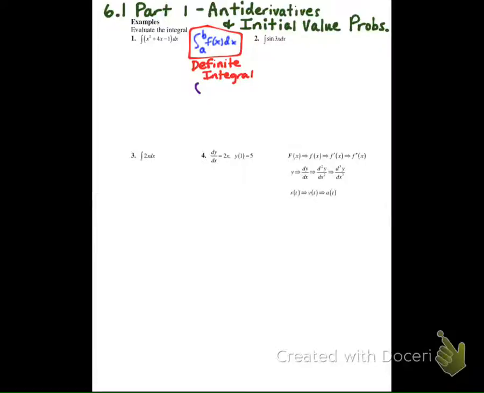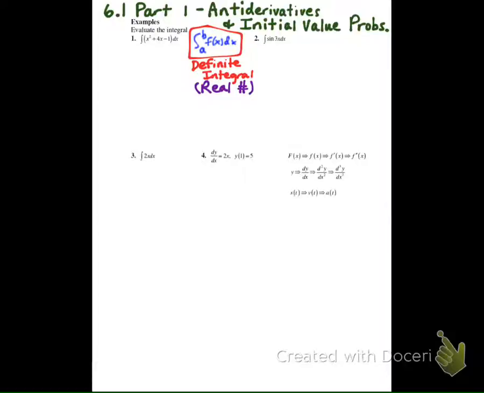We talked about that, it's something physical. It would be the area between the curve and the x-axis, the net area. And so we get a real number. Nevertheless, for the definite integral, we use the fundamental theorem of calculus, part 2, and we can find an antiderivative of lowercase f and evaluate that. So we already know how to do all that.